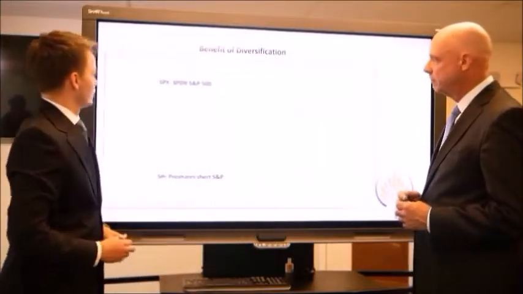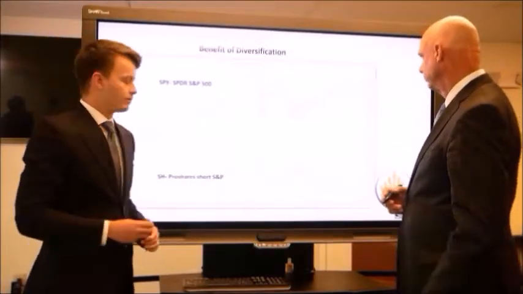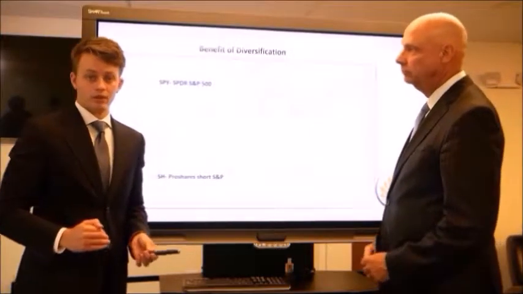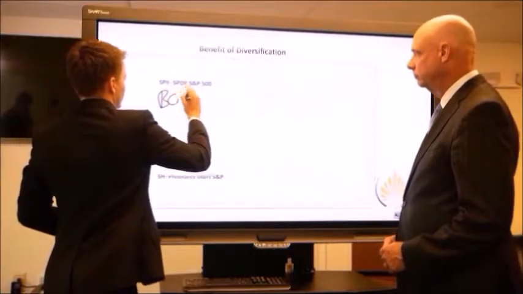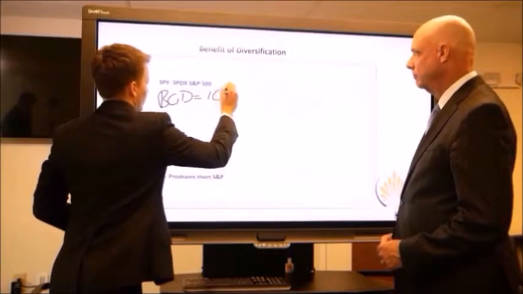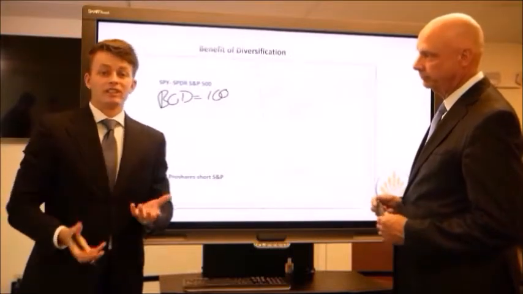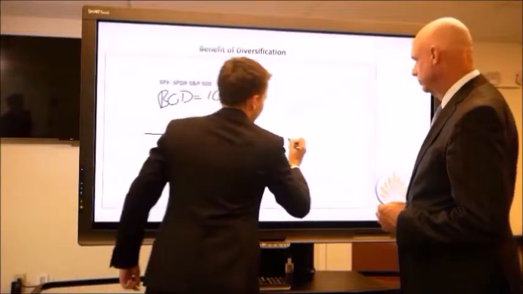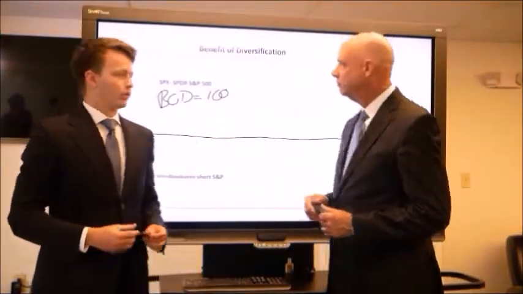On the opposite end, if we were to hold SPY, which is the S&P 500 ETF, and SH, which is the inverse of the S&P 500, at 50% apiece, we would have a benefit of diversification equal to 100. What that means is since these assets are perfectly negatively correlated, our portfolio would be a flat line, and you wouldn't see any movement within your portfolio.